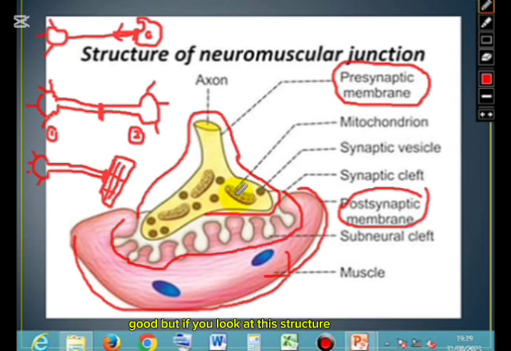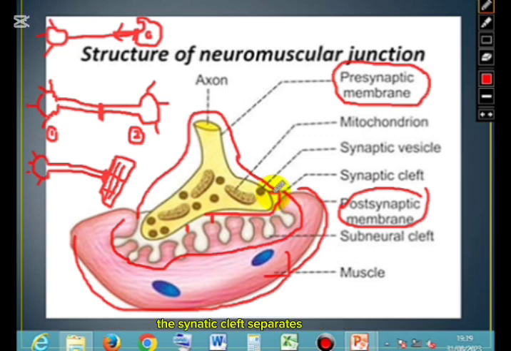Alright? Good. But if you look at this structure, you will discover that there is a space in between. Let me make it more visible. There is a space in between, and this space is formed by the synaptic cleft.